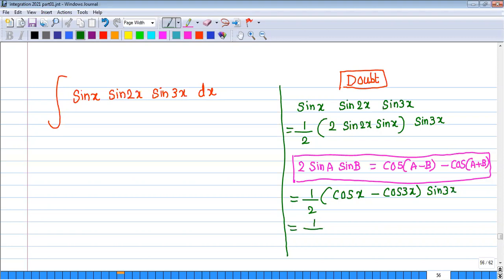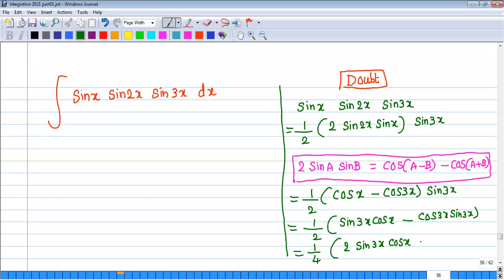Half times we have sin 3x cos x minus cos x cos 3x into sin 3x. Again multiply and divide by 2. So this we can write 1 by 4 times 2 sin 3x cos x minus 2 cos 3x sin 3x.